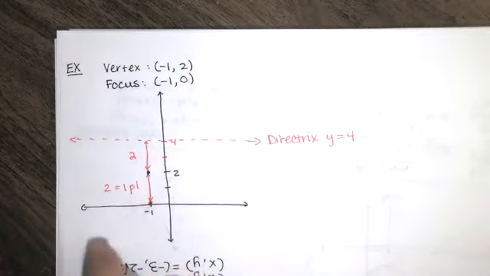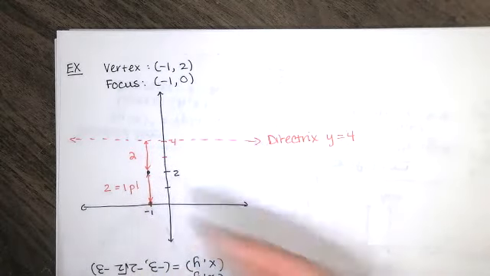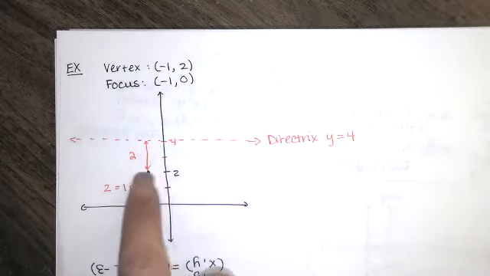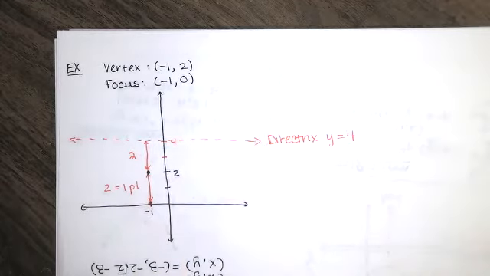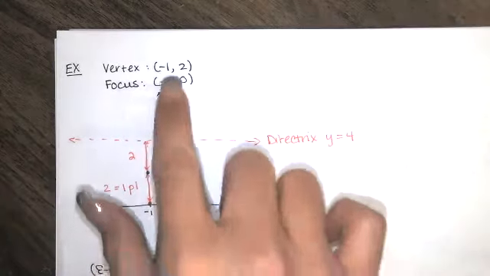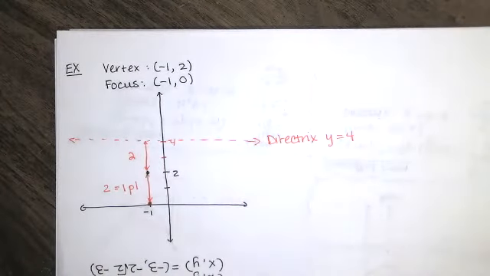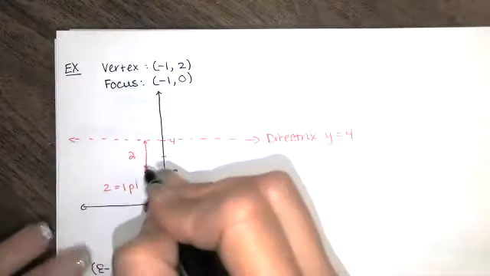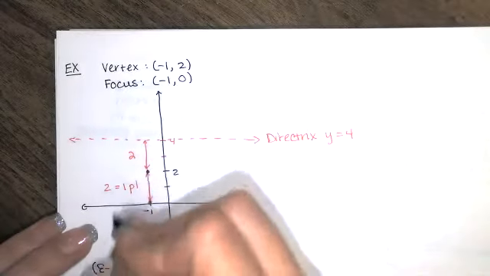And we have a parabola that opens downward. I don't know exactly where it crosses the y-axis yet, but I can find it because I know what p is, and I know what the vertex is. So I see that my parabola opens downward.